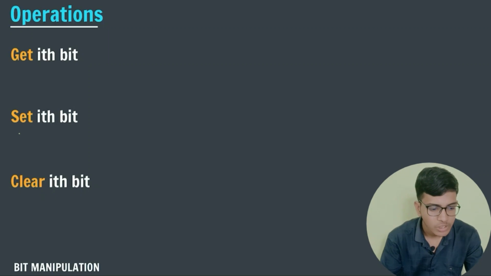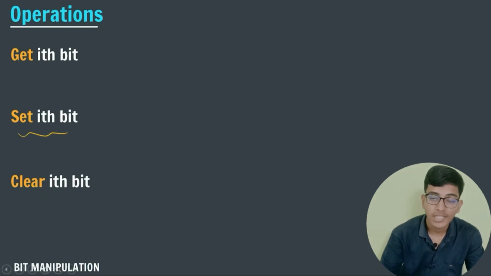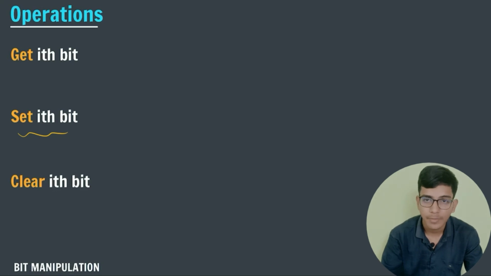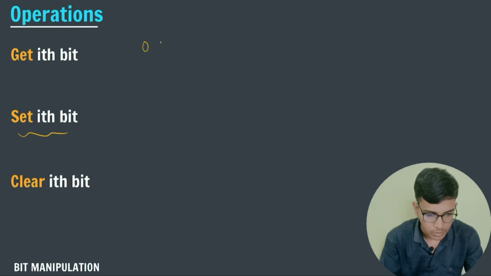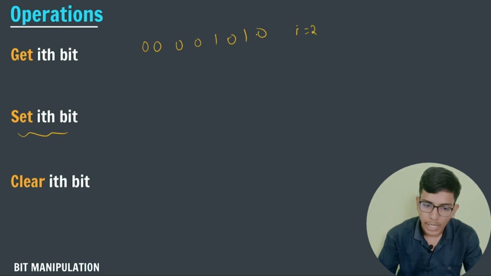Now let us talk about set ith bit. Let us take an example to understand what is meant by setting the ith bit at a particular index. Let me take an example: 0 0 0 1 0 1 0 1 0. At i equal to 2 I want to change the value from 0 to 1.